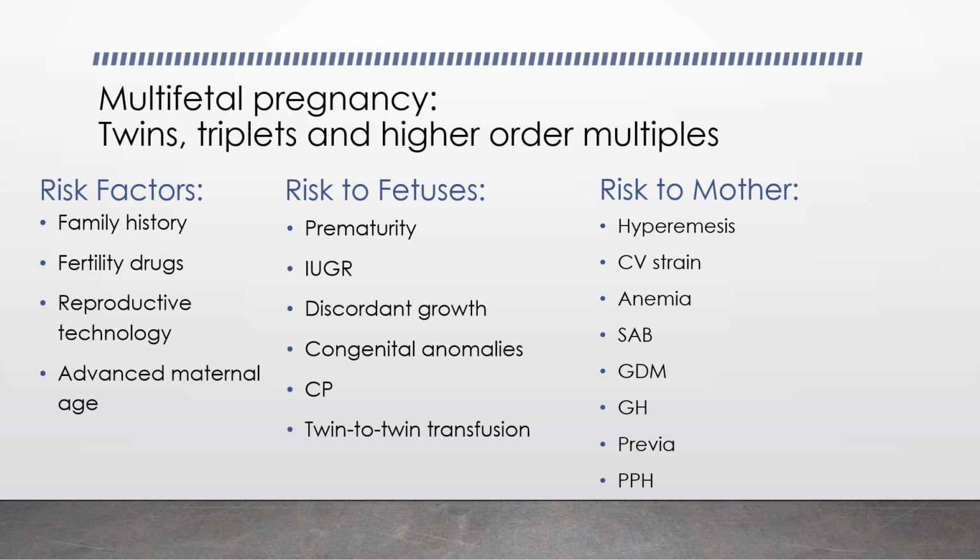The woman is also at risk for anemia, so she needs to take more iron in order to supply that to the fetuses. It could result in anemia of the mom because the babies are going to take it whether the mom is being supplemented or not. Spontaneous abortion, SAB, gestational diabetes mellitus, gestational hypertension, placenta previa, and also postpartum hemorrhage due to overdistension of the uterus.